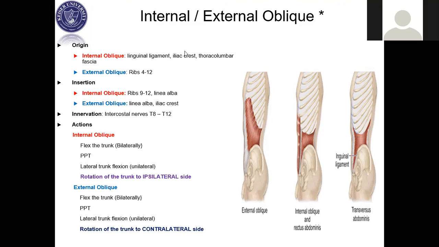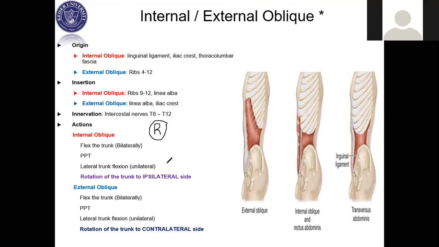And this is what I mean. So what I want you to do is I want you to rotate your trunk to the right side. So I want you to go like this. Rotate your trunk to the right. In order for you to rotate your trunk to the right, you're going to need the action of both the internal and external oblique.